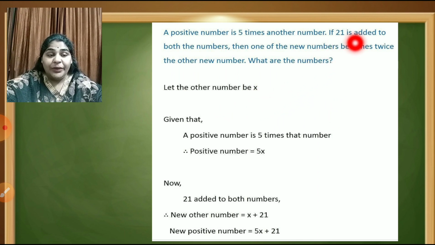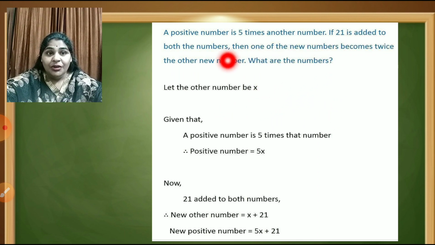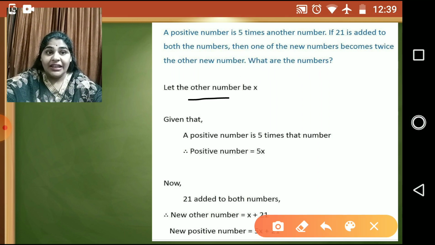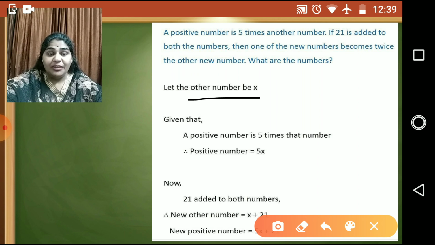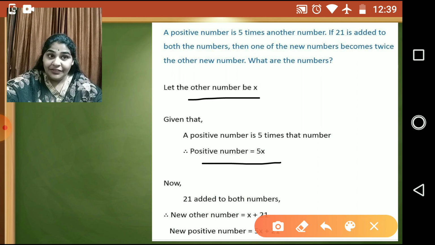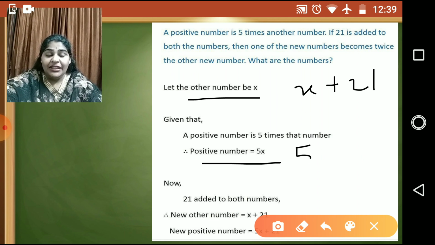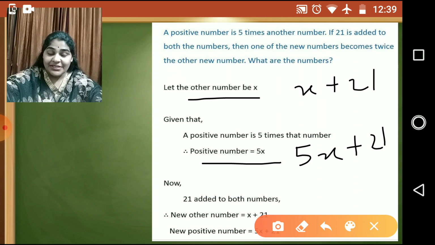If 21 is added to both the numbers, now the other number we have taken as x here, right? And the positive number is 5 times the other number. So that will be, positive number will be 5x. Now if 21 is added to both the numbers, so here it will be x plus 21 and here it will be 5x plus 21. This is clear?